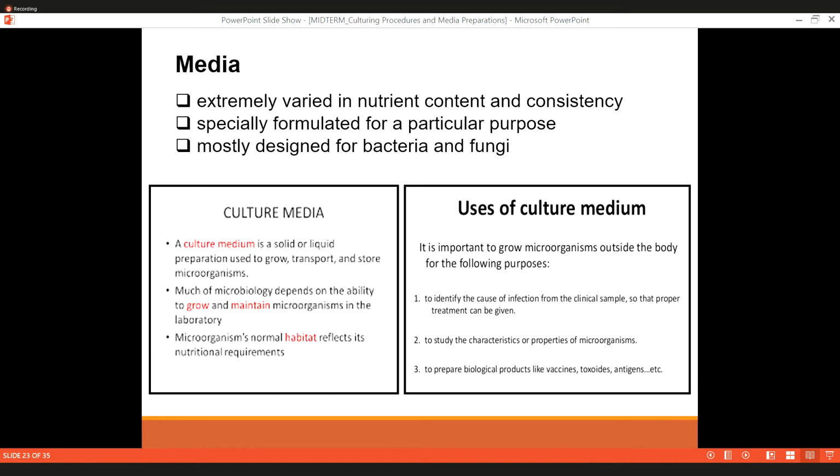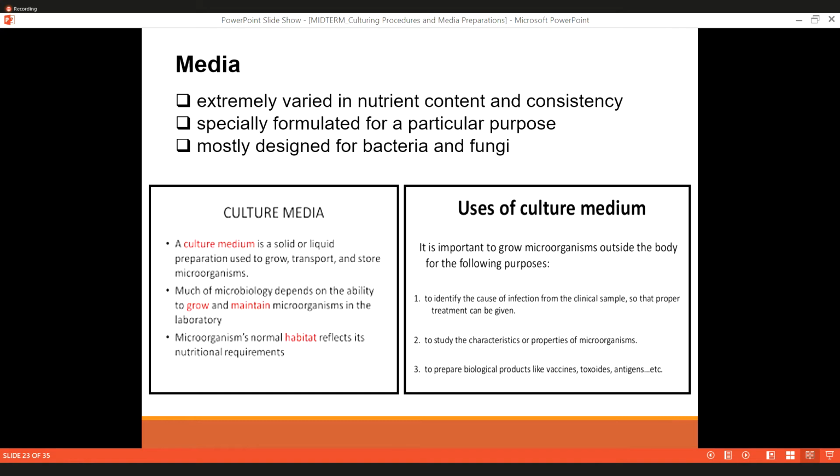Aside from that, much of microbiology depends on the ability to grow and maintain microorganisms in the laboratory. Later we will also see the different media, and the effect of the media you use on the microorganism we isolated. So it also comes with the objective of our examiner.